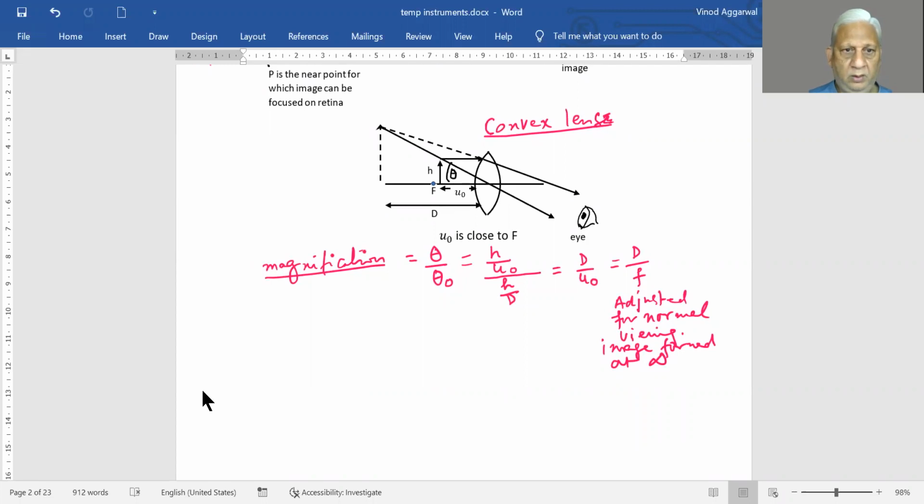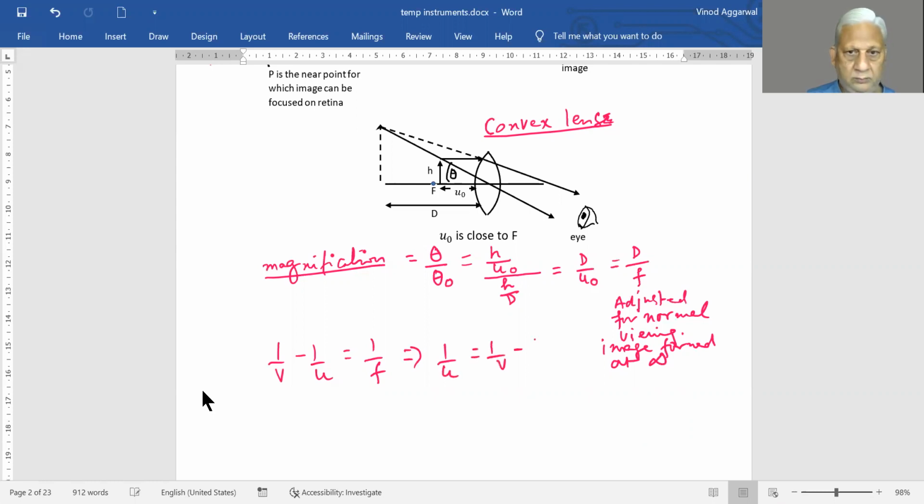Now, if we apply the lens formula, if we use the sign convention, since u is on this side of the lens, the rays are going this side, so this will be minus u.